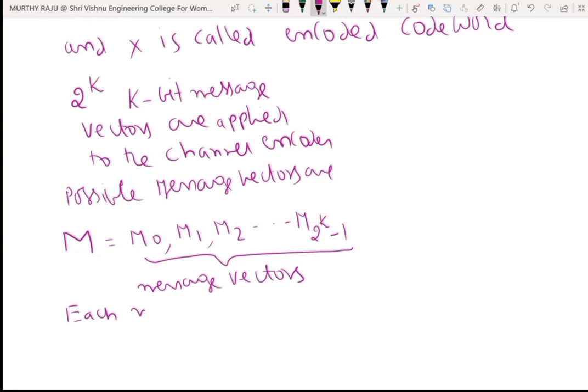Each message vector consists of k information bits.